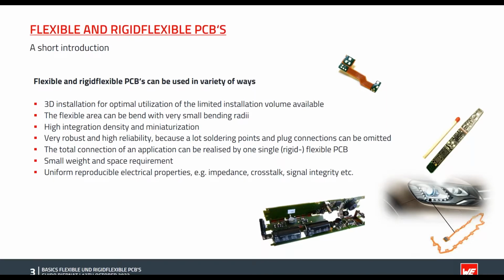Very robust and high reliability, because a lot of soldering points and plug connections can be omitted. The total connection of the application can be realized by one single flex or rigid flex PCB. Small weight and space requirements. Uniform reproducible electrical properties, for example impedance, crosstalk, and signal integrity.